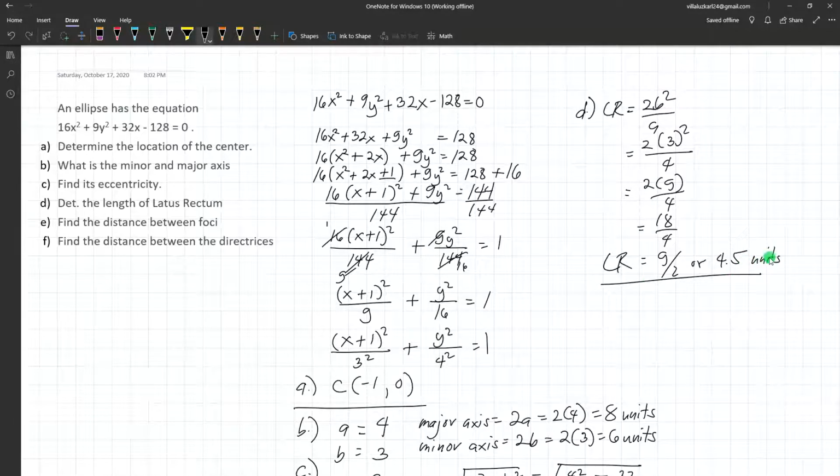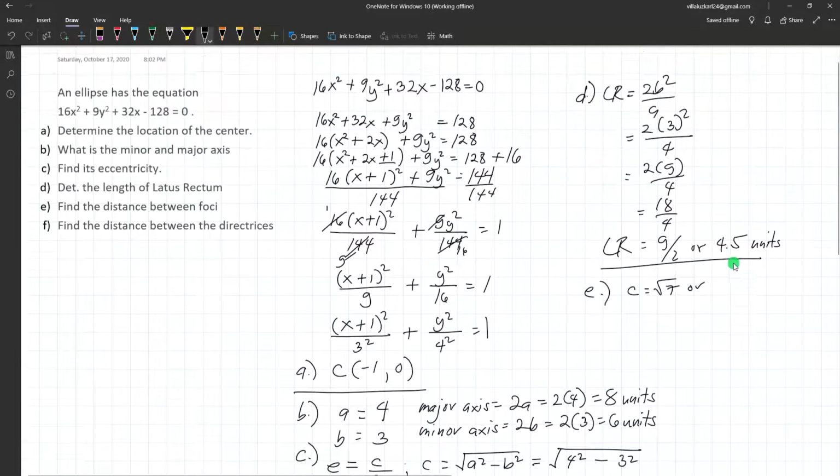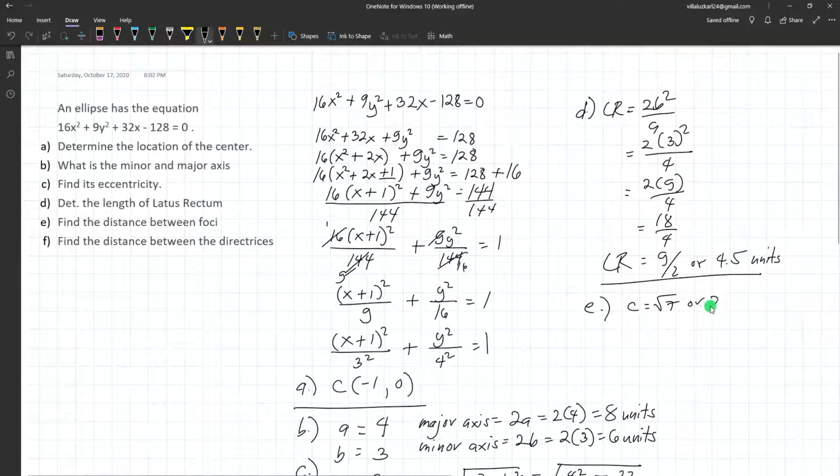Next, letter E. Find the distance between foci. We have already the value of c, which is square root of 7 or 2.646 units.